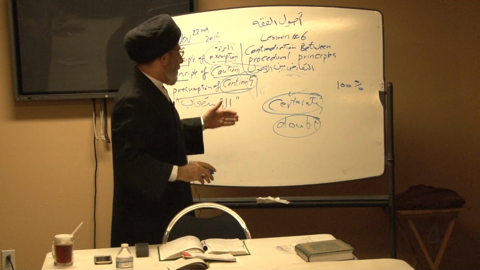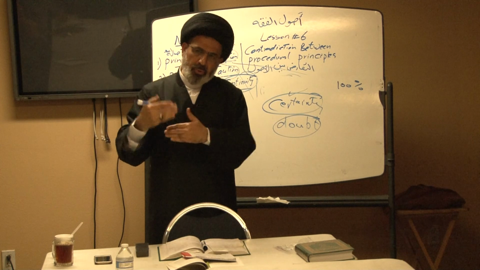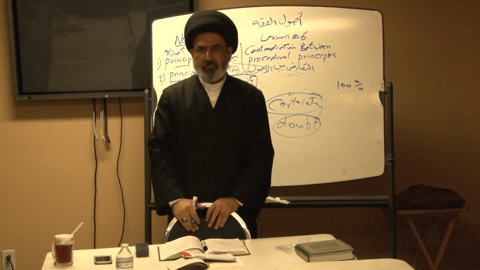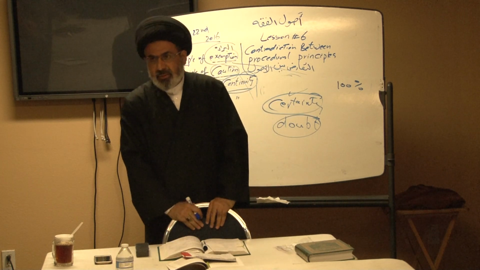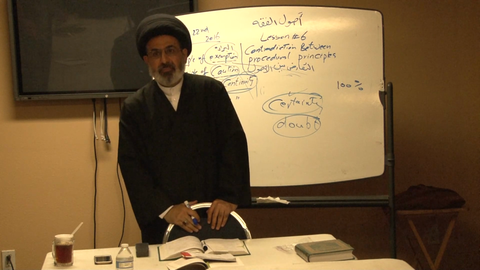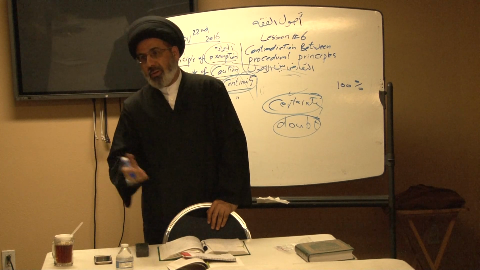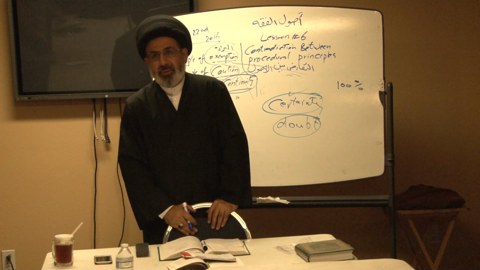But it cannot be applied to the e-cigarettes. The e-cigarettes have to have a new ruling. We study that again, a new process, because the smoking is not certain. We don't know.